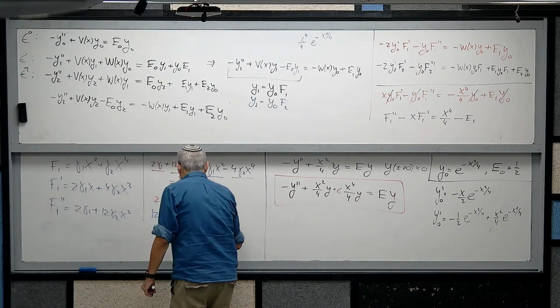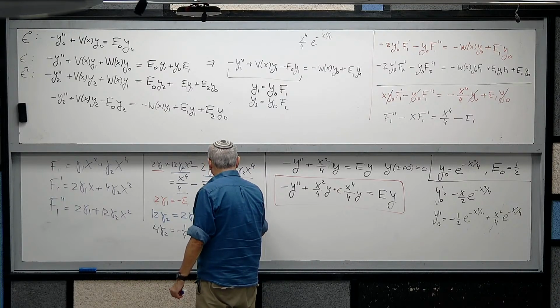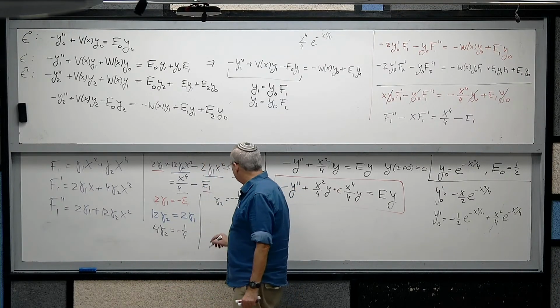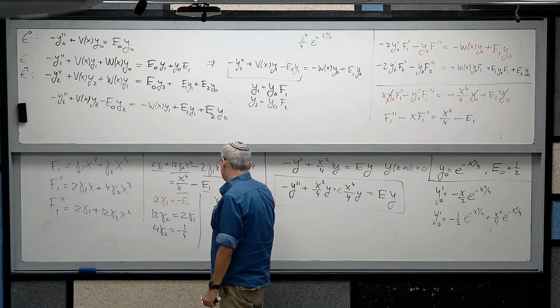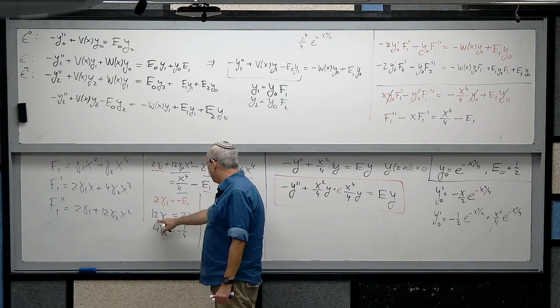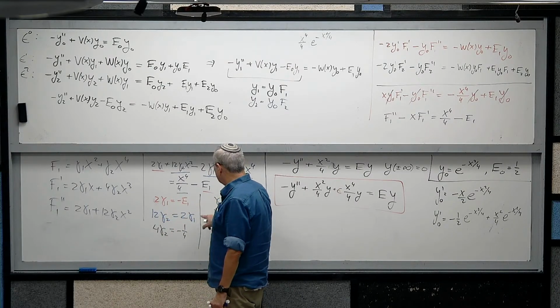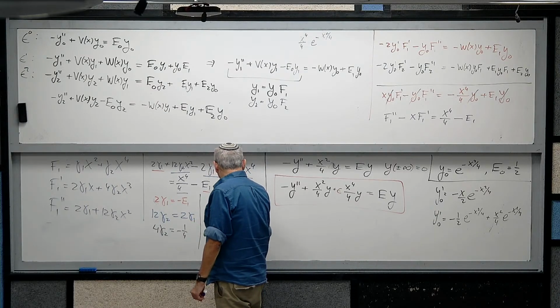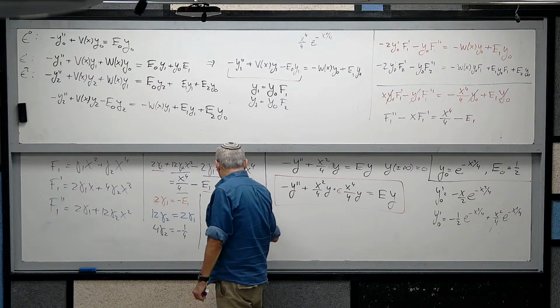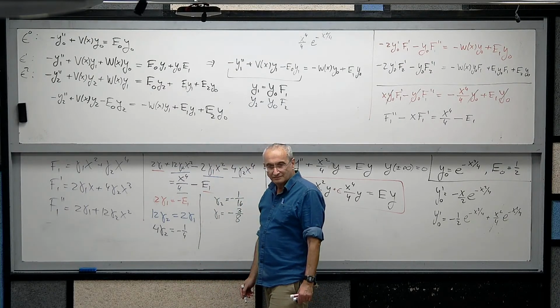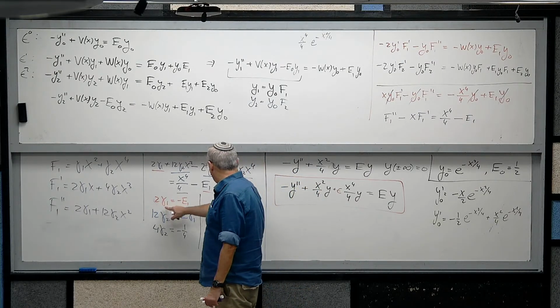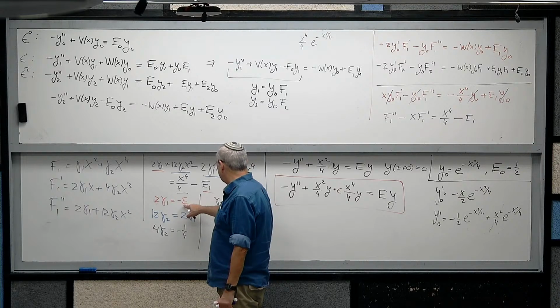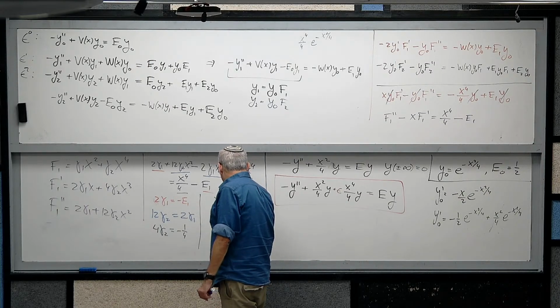So we see that gamma 2 is minus 1 over 16. Gamma 1 is: 12 gamma 2 is minus 3/4, equals 2 gamma 1, so gamma 1 is minus 3/8, which implies that 2 gamma 1 is minus 3/4, and this is equal to minus E1.